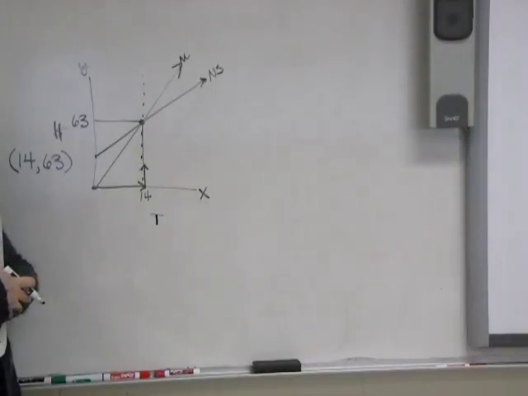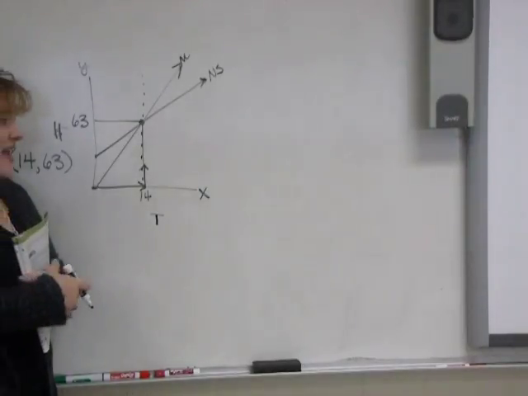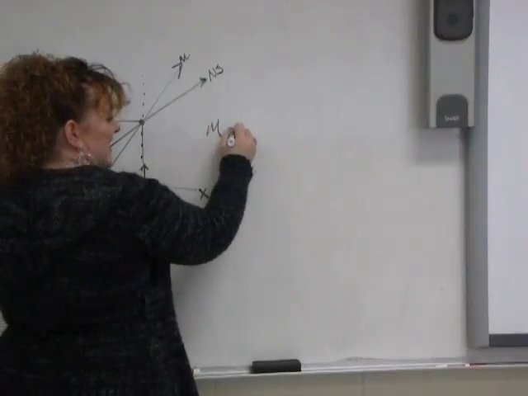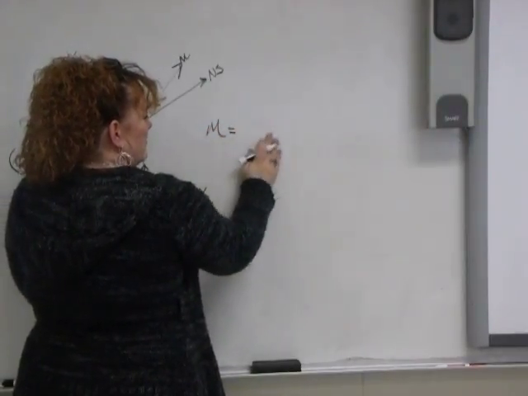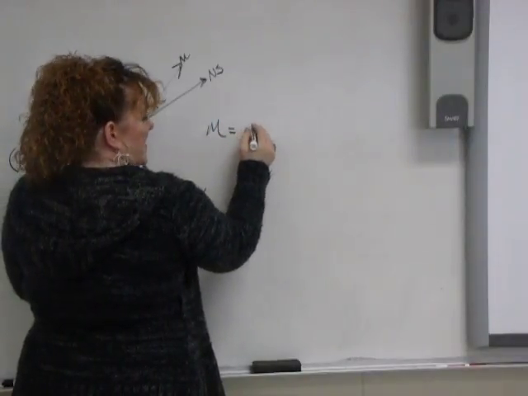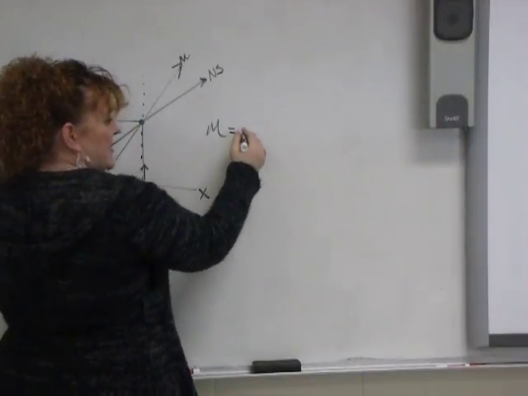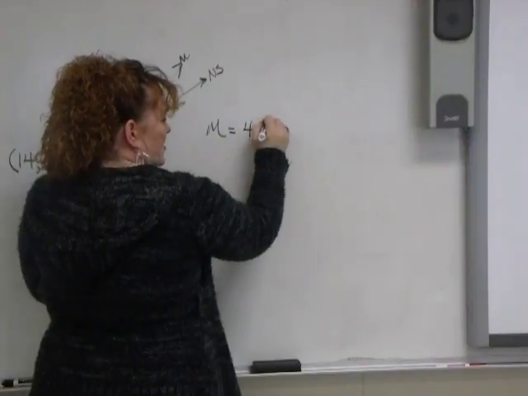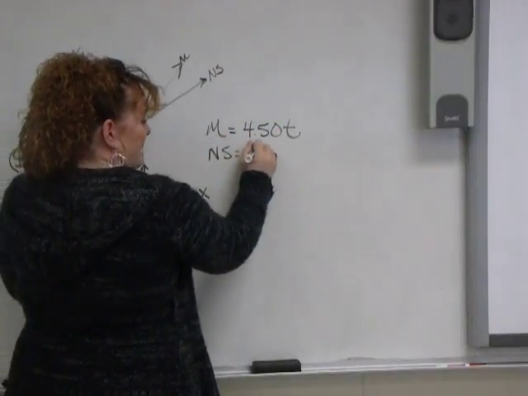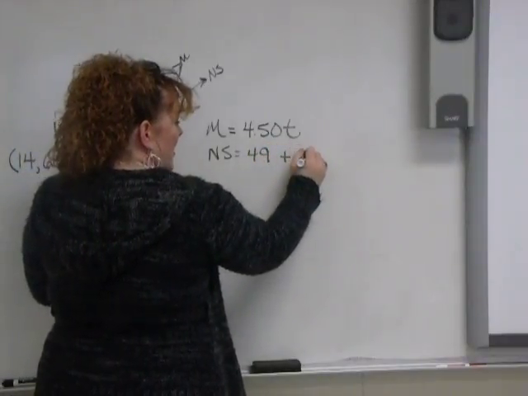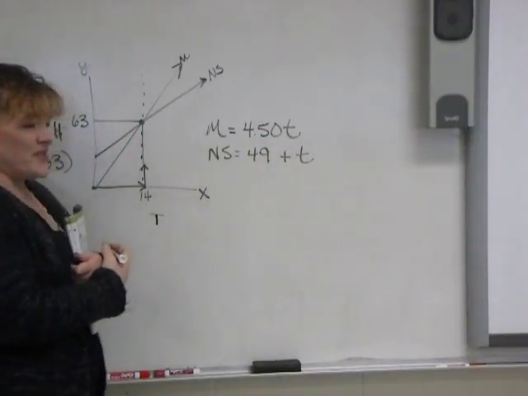We looked at two different equations that day. They didn't have a deposit at Mighty T. It was just $4.50 per t-shirt, but yet at No Shrink they had the $49 deposit plus $1 per t-shirt.